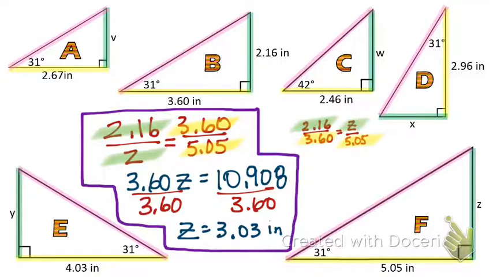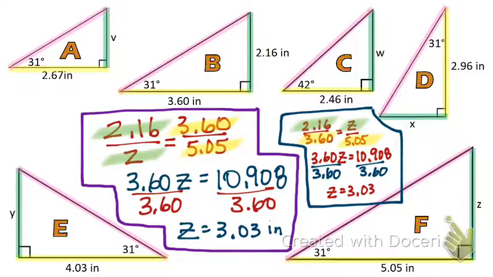And when I find the cross product, I will have 3.60Z, and then when I multiply 2.16 times 5.05, that's 10.908. And then I divide both sides by the number that's in front of the Z, and my final answer comes out to side Z equals 3.03.